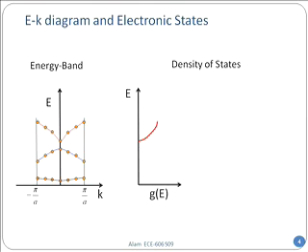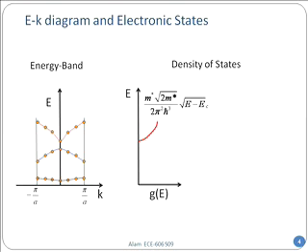Let's focus on one, because if we know how to take care of one, we know how to take care of all of them. Do you remember that in the last class, I derived this formula for density of state, how many per unit energy and per unit length or per unit volume, right? This is within a unit box of material, how many states I have.